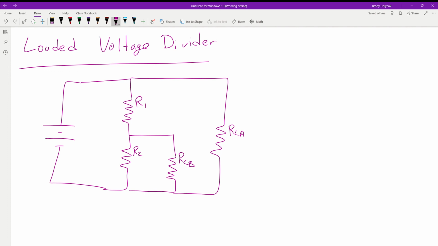We have two loads that we want to be able to run off the same circuit. The first load requires 15 milliamps at 94 volts. So a motor, a fan, some other system, its power requirements are this. We require 15 milliamps and we require 94 volts.